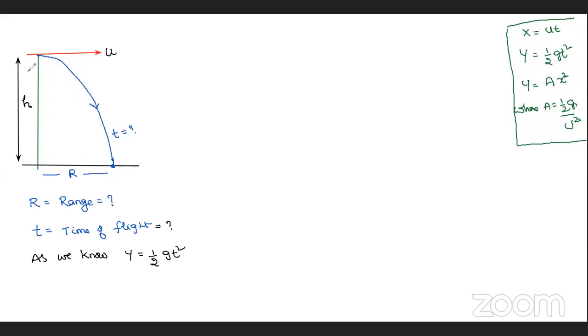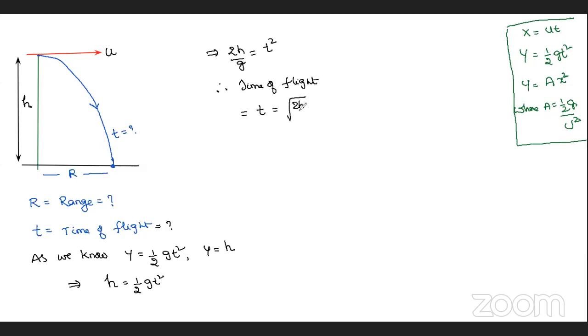In this case, while reaching the ground, it vertically traveled a displacement of h, sir. So y equals h, which implies h equals half gt square. So I got the answer for the second question. Cross multiplication, that implies 2h by g equals t square. Therefore, time of flight t equals root of 2h by g. That's it, over. This is the time of flight.